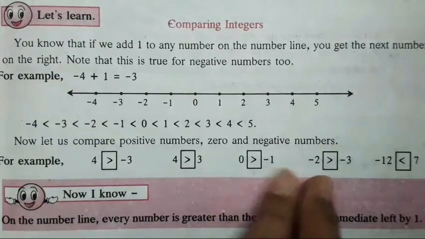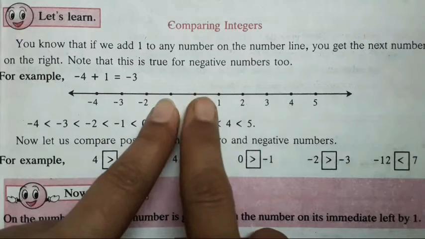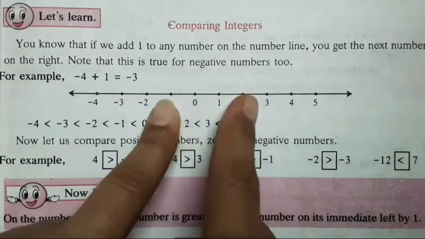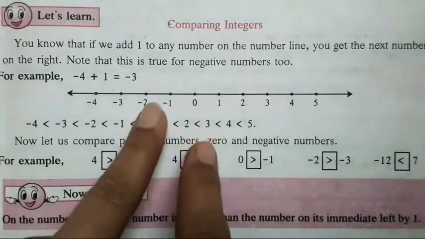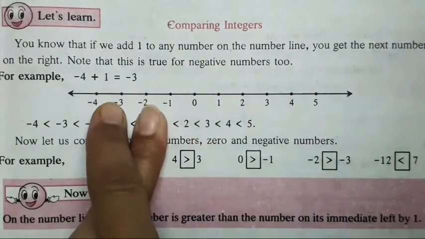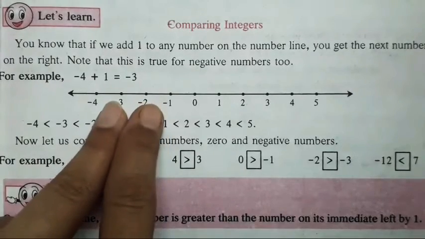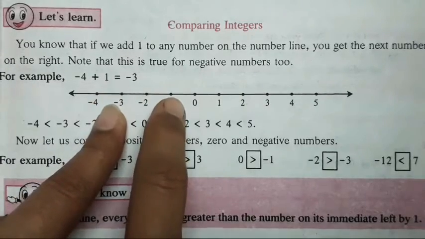Okay, now next is 0 and -1. -1 is over here, 0 is over here. So which will be greater? 0 will be greater because it is to the right hand side of the number. -2 and -3. Which one is greater? -2 is greater. Why is it greater? Because it is to the right hand side of the other number.